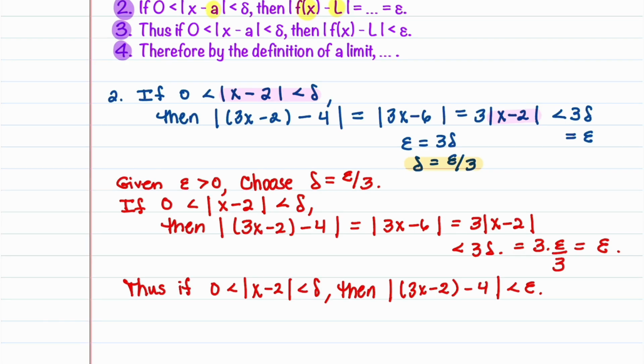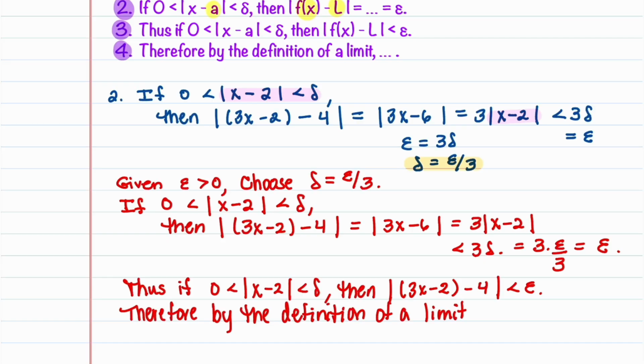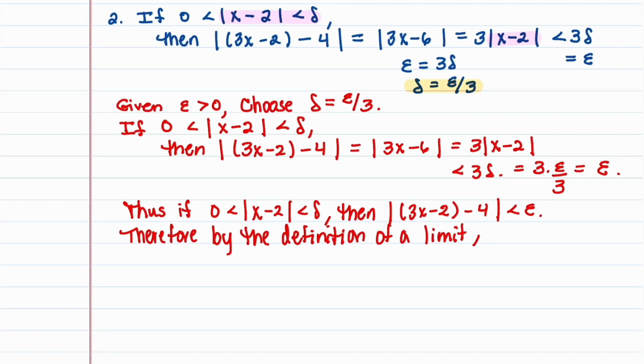It starts with a therefore, so we're going to write down therefore. By the definition of a limit, we can conclude that the limit of 3x minus 2 as x approaches 2 is equal to 4.